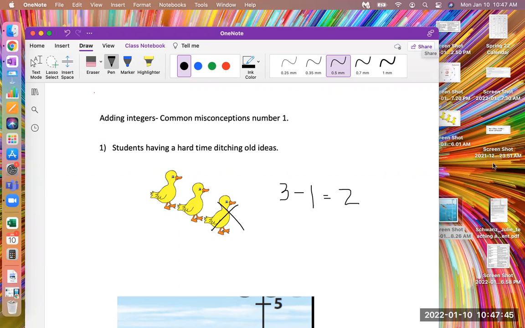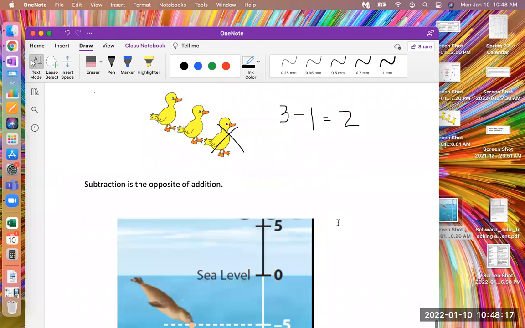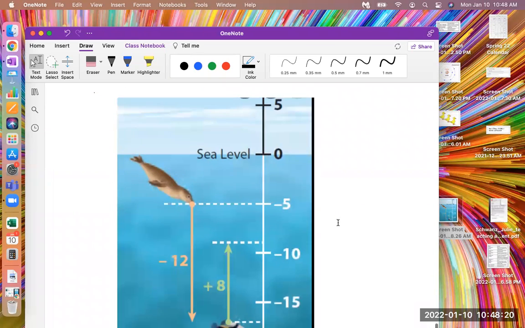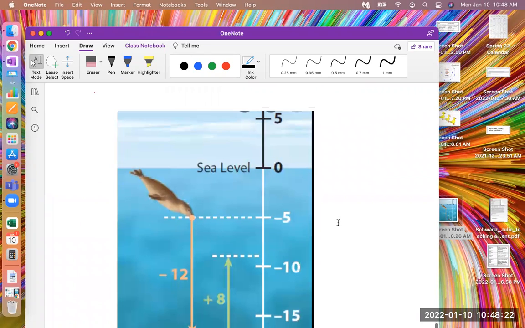So let me write that out for you. We can see from this picture that if we say, here's sea level, and then there's under the sea and above the sea, right? If we say above sea is going to be positive, moving up, we're going to call that positive.